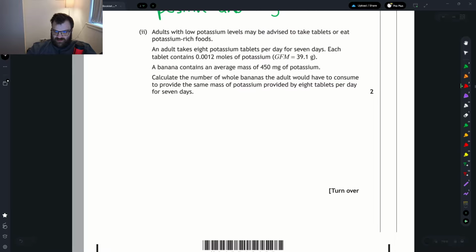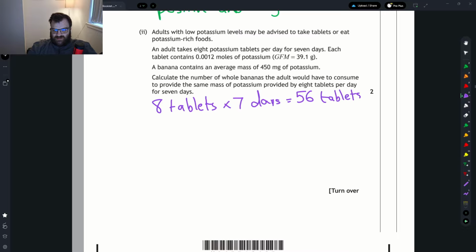Next up, we have a numbery question. We need to do some scaling going on. Okay, so we have 8 tablets for 7 days. So 8 tablets, 7 days. We have 56 tablets.